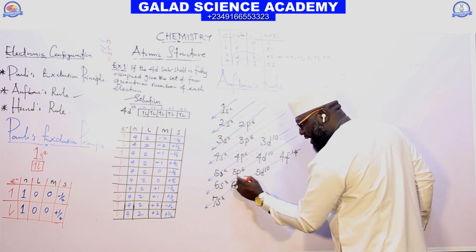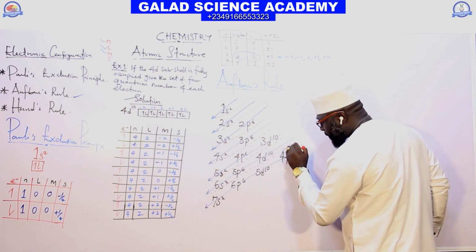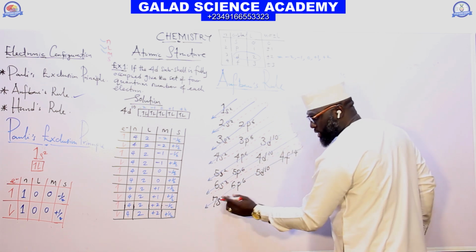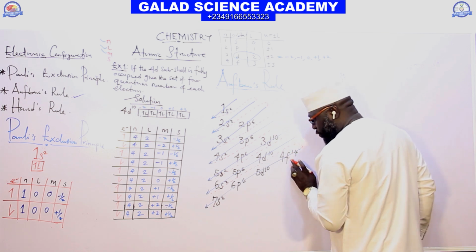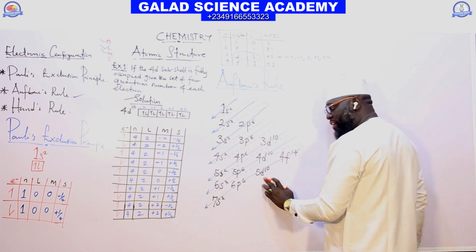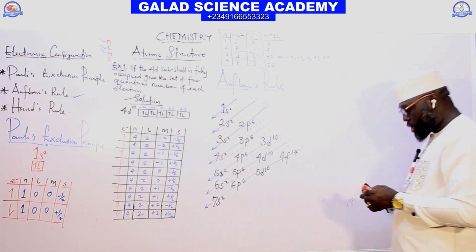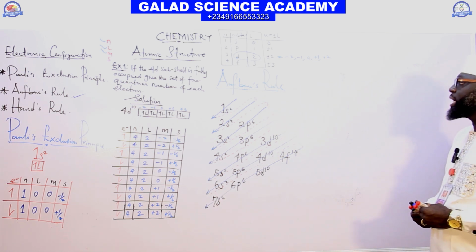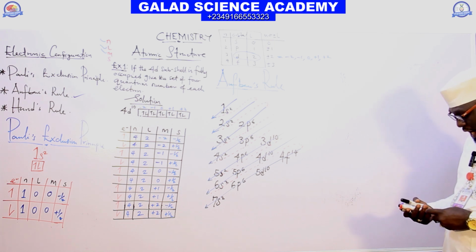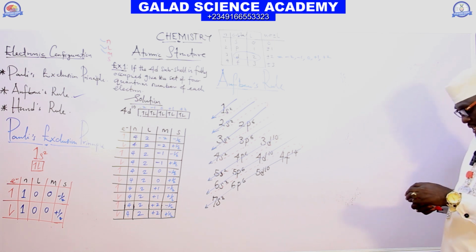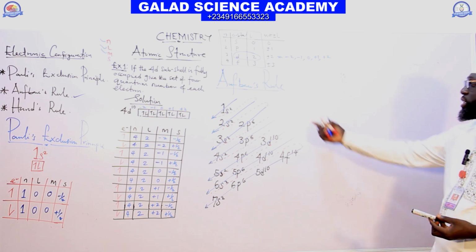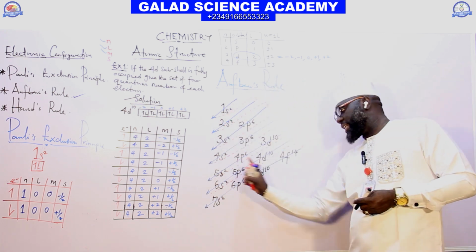You come back again like this to 4f14, 5d10, 6p6, 7s2. So if we are writing the electronic configuration of any element, we need to follow these trends like this.